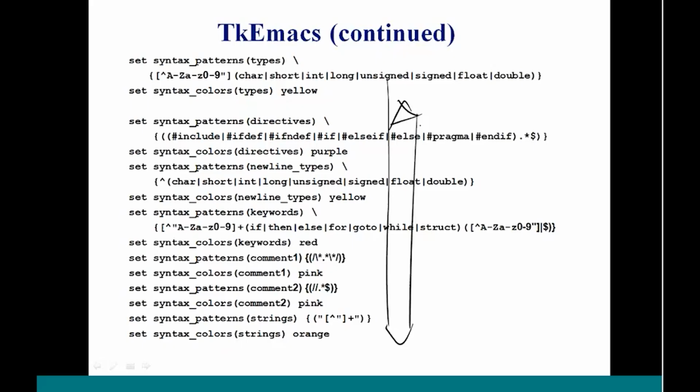Then the syntax patterns for new line types has all these various types: character, short, integer, long, unsigned, signed, float, and double. Then we declare the color as yellow, and the syntax pattern is the regular alphanumeric, and all these are commands also, and following the commands again it's alphanumeric.